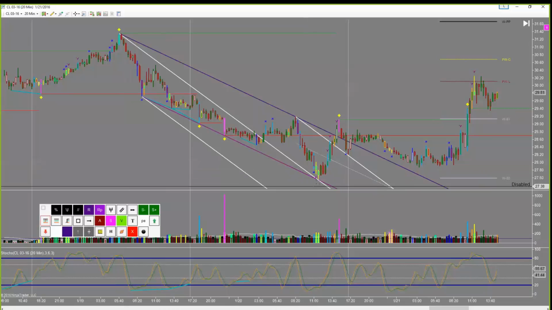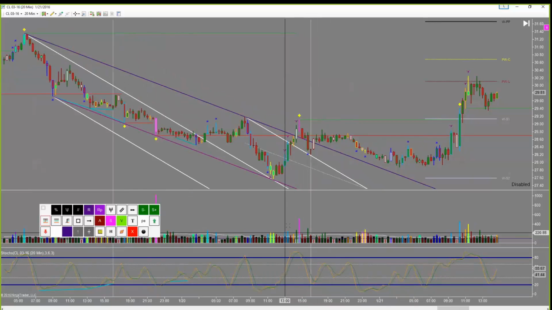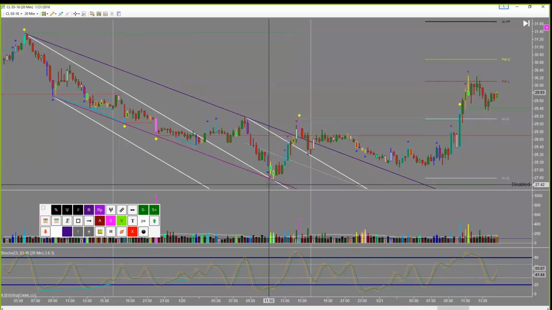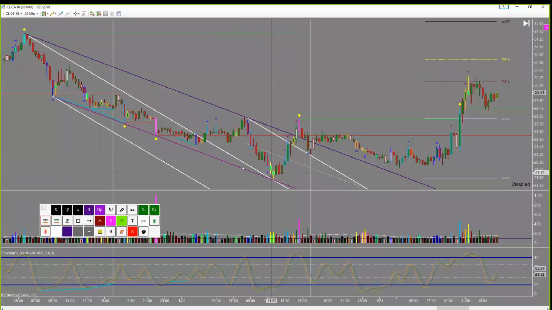This is what we would love to see every single trade, but it's something that occurs, I don't want to say rarely, but you're less likely to see this as often as simply a move to either the median line or the trend channel line.